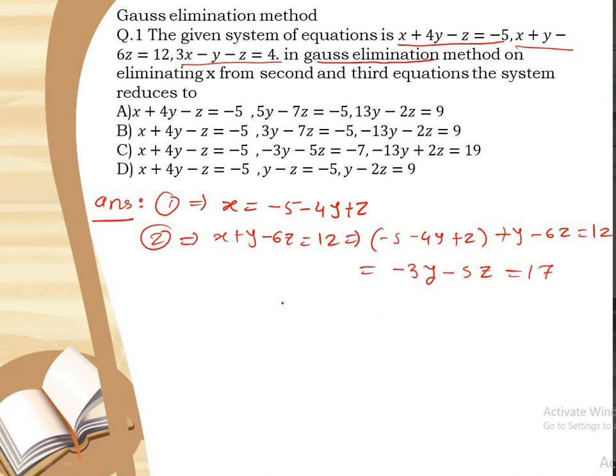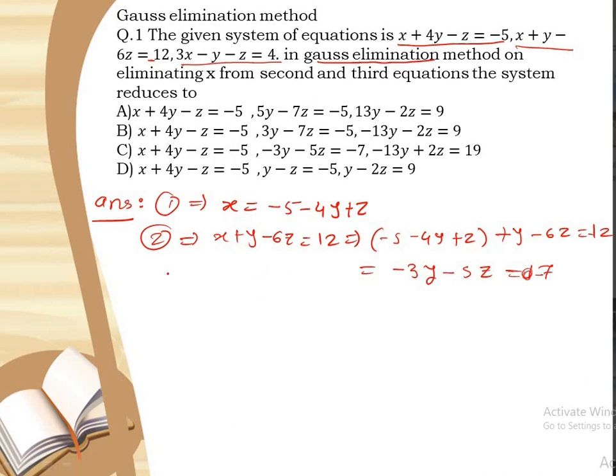Here it is minus 12, so that becomes minus 12 plus 5, that is minus 7. This is the equation.